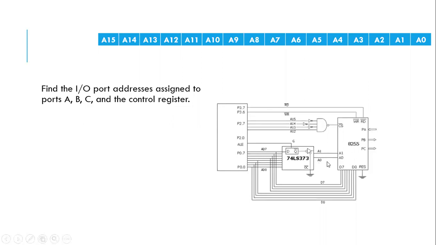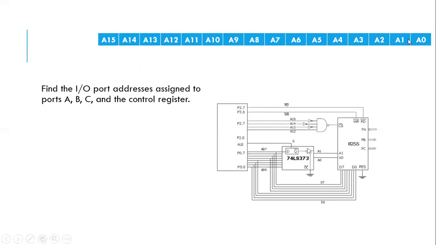For port A, it will be 00. For port B, it will be 01, for port C 10, and 11 for control register. Next, if you look into this configuration, it's very explicit that because of this NOT gate, A15 is having the value 0, A14 is having the value 0, and A13 is having the value 0, but only A12 is having the value 1.